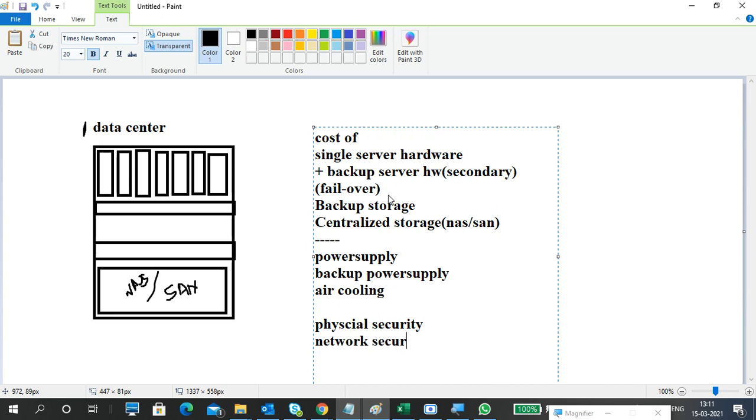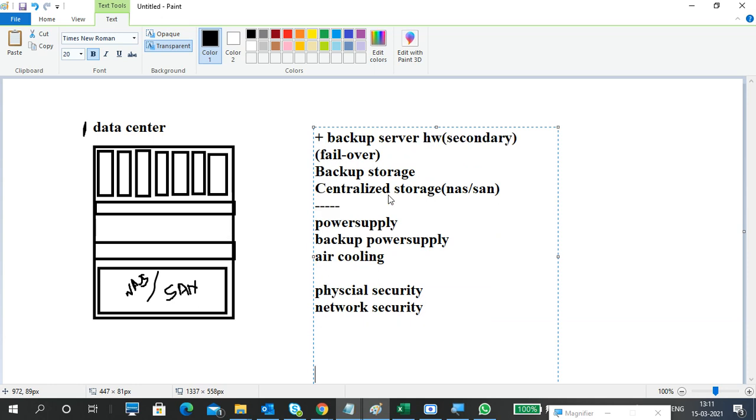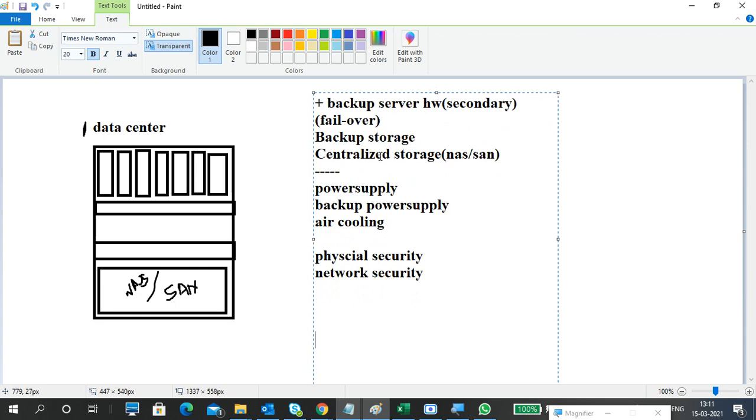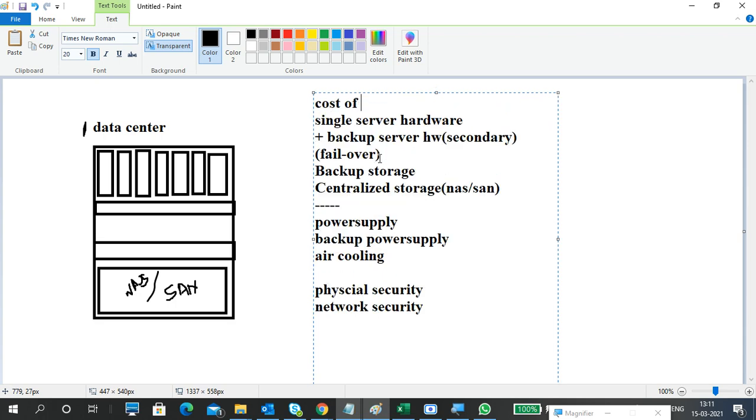What are the network security things, guys? What is network security? Tell me some network security related things, at least one or two.